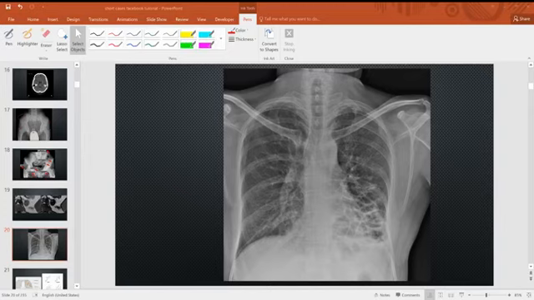Sorry, it is left side. Okay, very good, Muhammad. Left-sided cystic bronchiectasis.